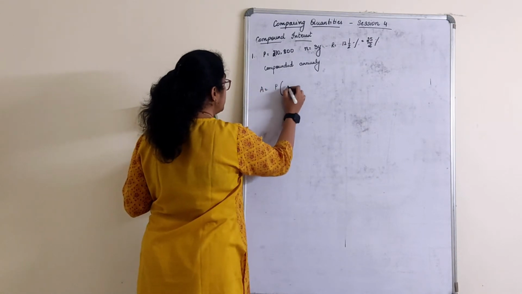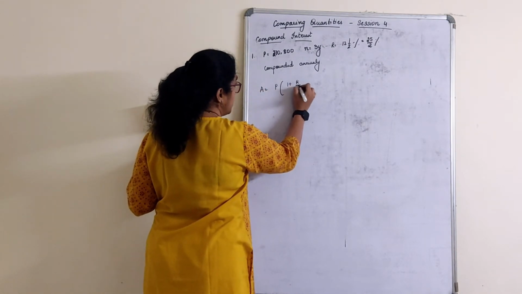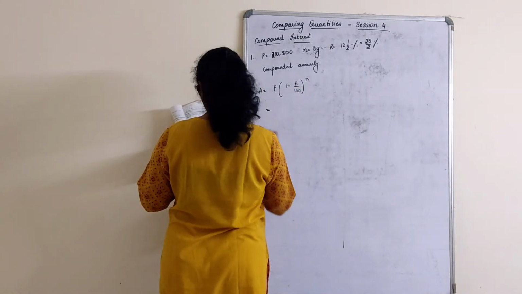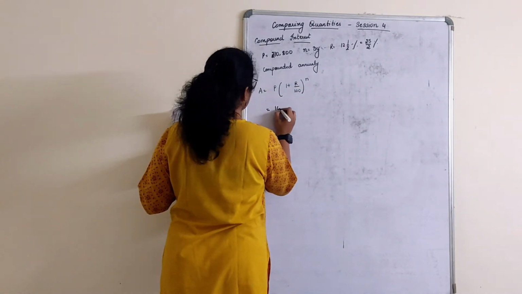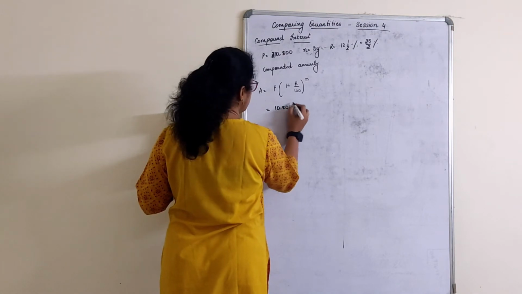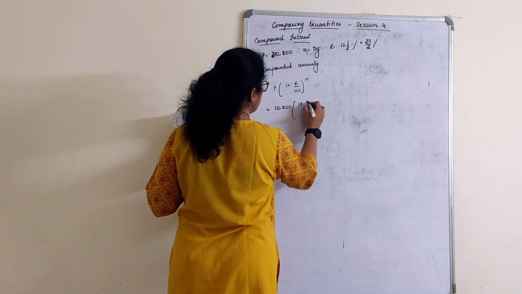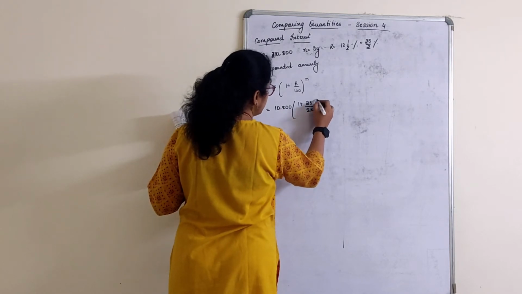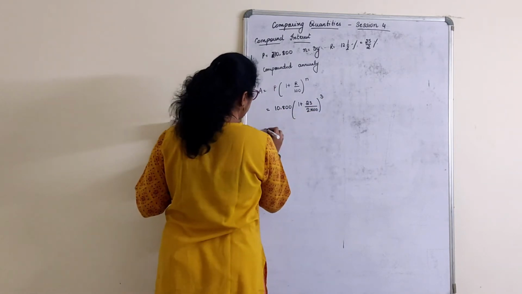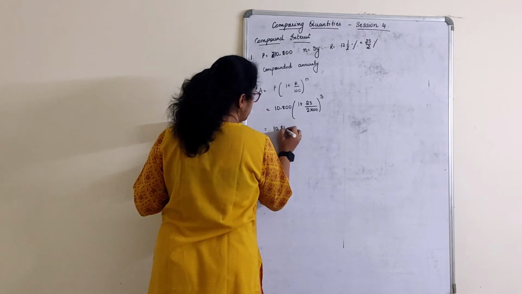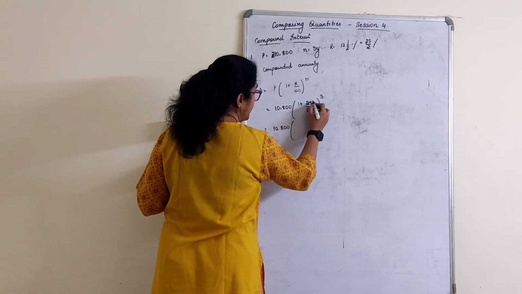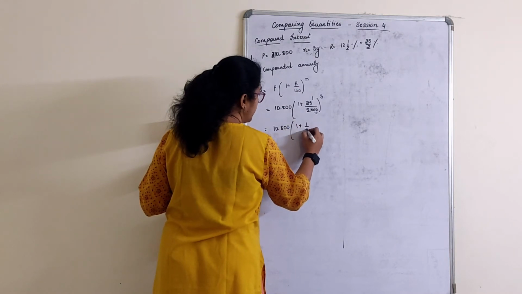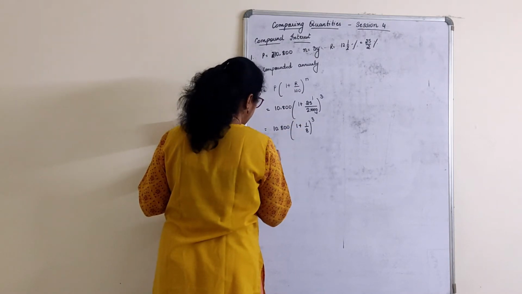Amount is equal to principal of 1 plus r by 100 raised to n. So 10,800 of 1 plus 25 by 2 into 100 raised to 3. 10,800 of 25 ones are 25, fours are 100, 1 plus 1 by 8 raised to 3.